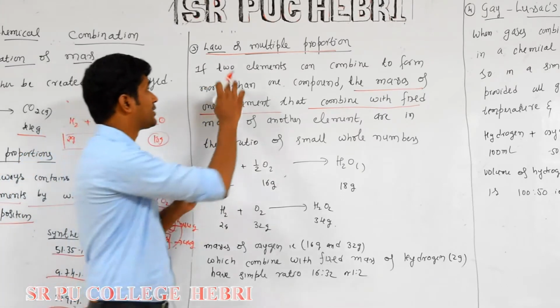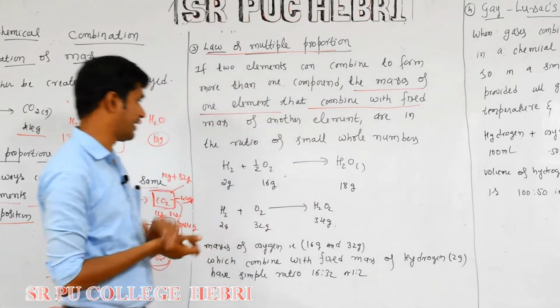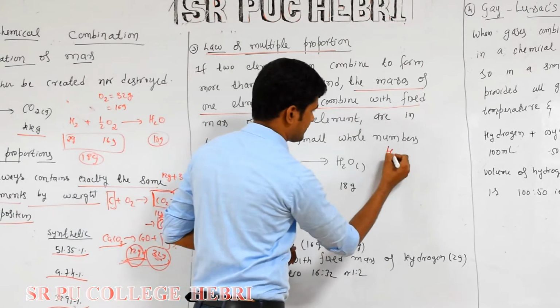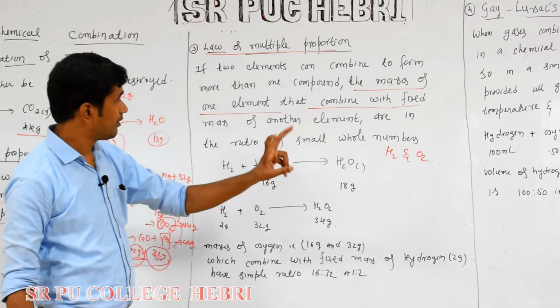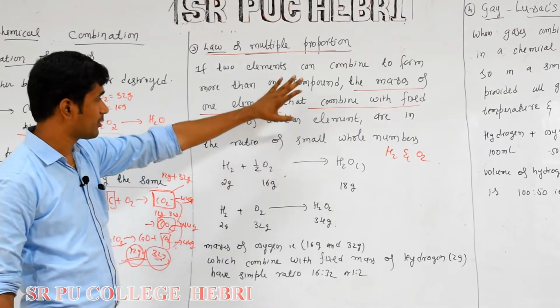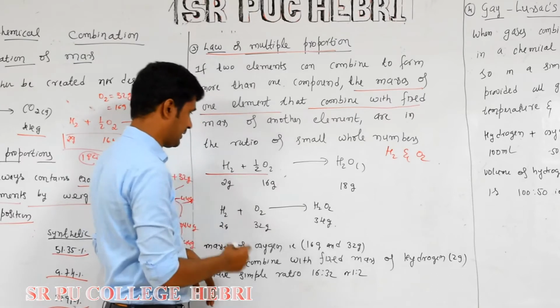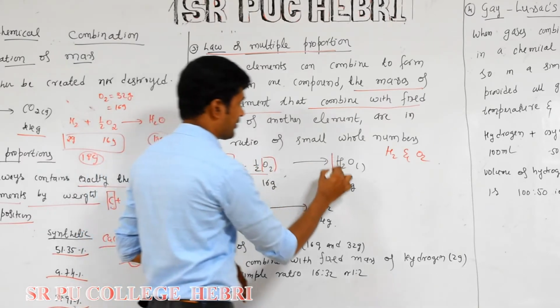So, if 2 elements can combine to form more than one compound, I have given one example here. I have taken 2 elements, hydrogen and oxygen. They combine and form 2 compounds. In the first example, H2 combines with O2 to produce H2O.